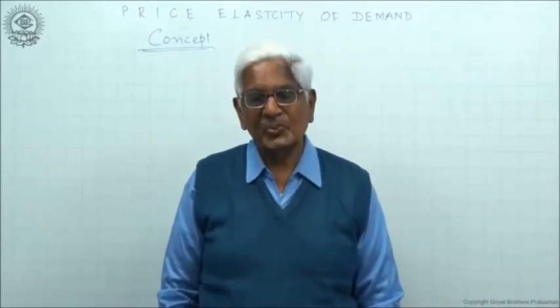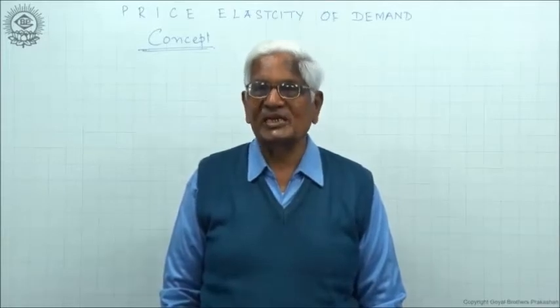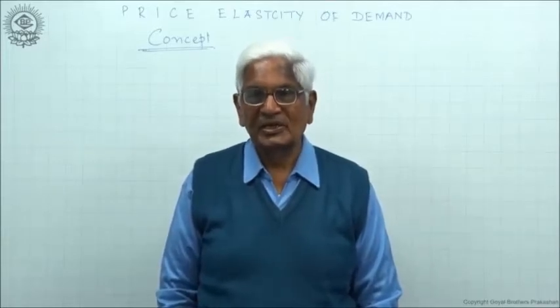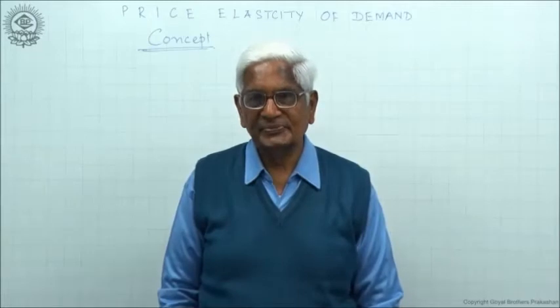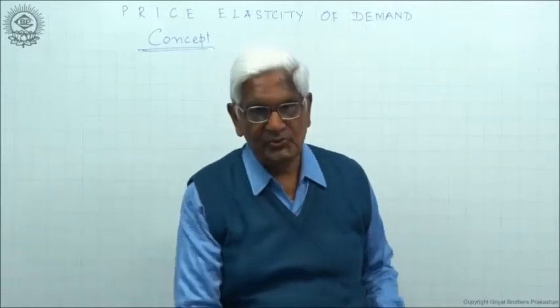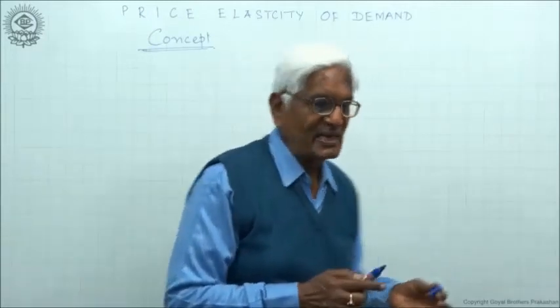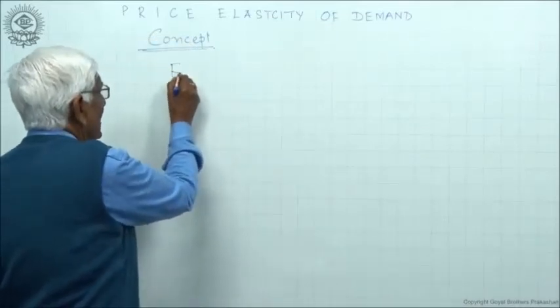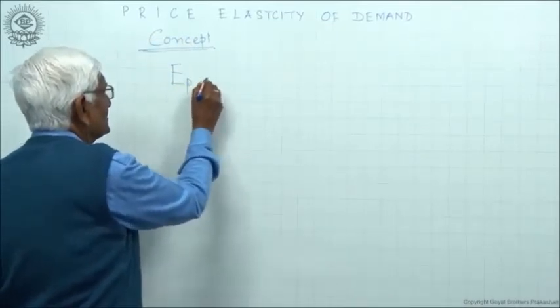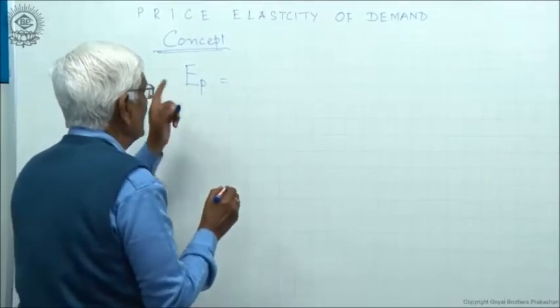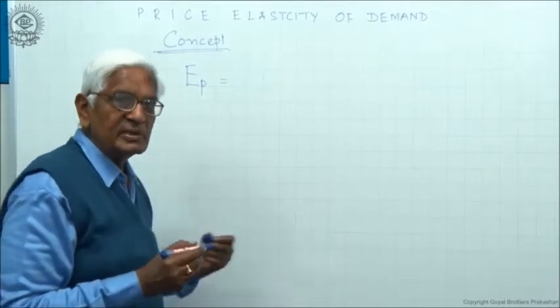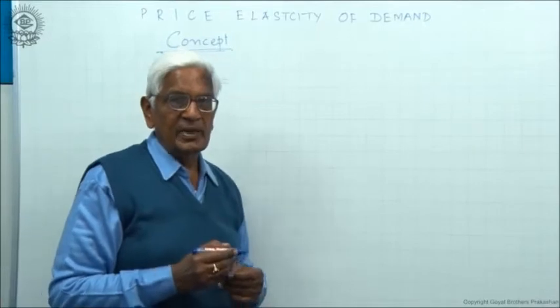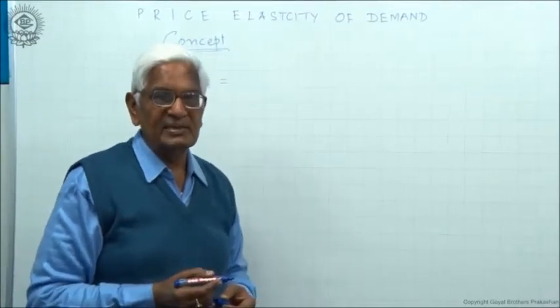The degree of response simply means the rate of change, the ratio of change. And this ratio is expressed as, I write EP. P for price, E for elasticity. This is, in brief, what we call price elasticity of demand.